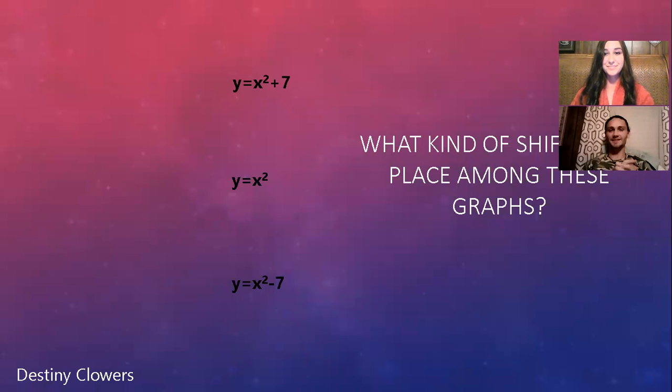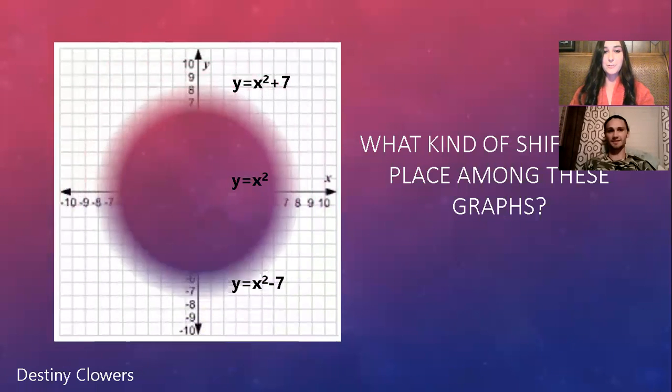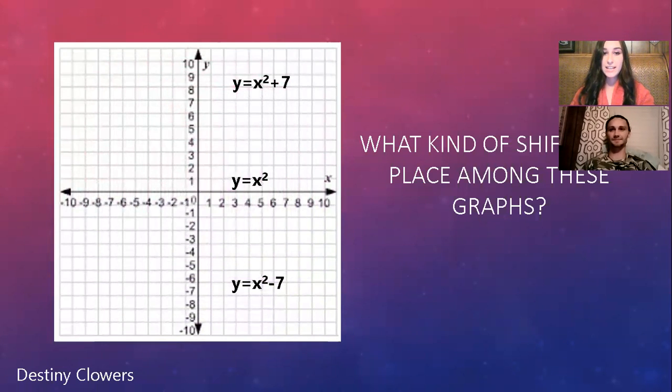All right. So what kind of shift takes place among these graphs right here? Let me pull up the X and Y axis, and here is our first graph. Here is the second one, which is y equals x squared plus 7, and the last one is y equals x squared minus 7.